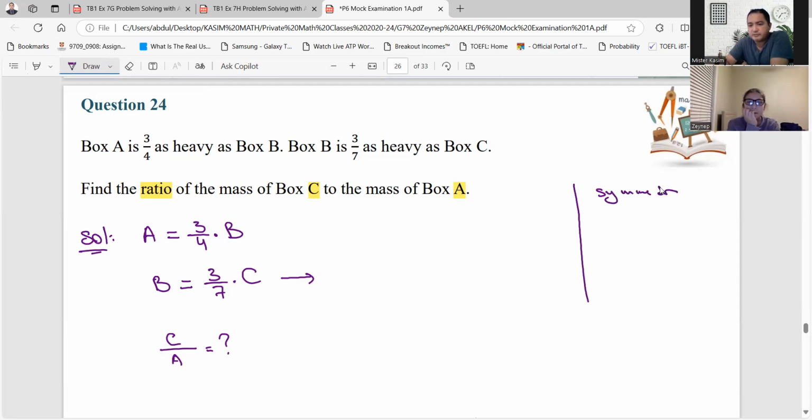It says that if A is equal to B, then B is equal to A. Does it make sense? So if B is equal to 3/7 of C, we need to find C. Also, Zainab, if we have A over B times X equal to C, what is X? How can I find X? You remember? What did we do here? How can I move this fraction to the right-hand side?